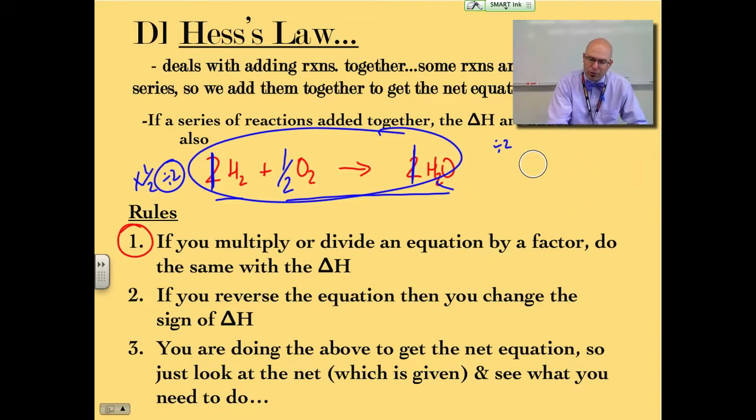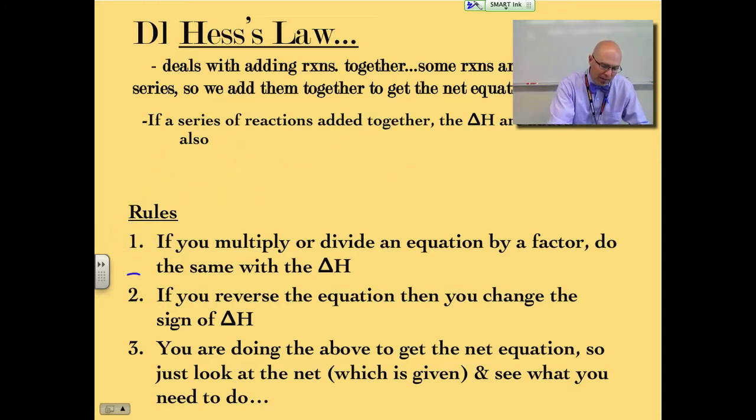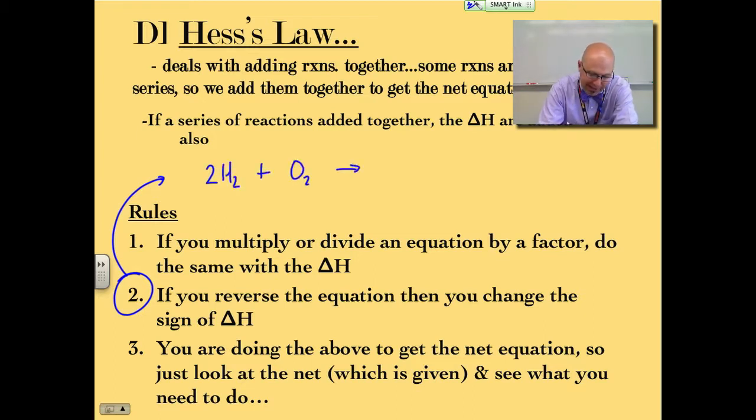Now the second rule, and really there's only 2 rules, you'll see the third rule is just kind of an explanation. So that's the first. The second rule is if you reverse the equation, you change the sign of delta H. So 2H2 plus your O2, and again I'm just using this equation, and let's say we have a delta H of 100 kilojoules. If I reverse it, meaning these are the reactants and this is the product.